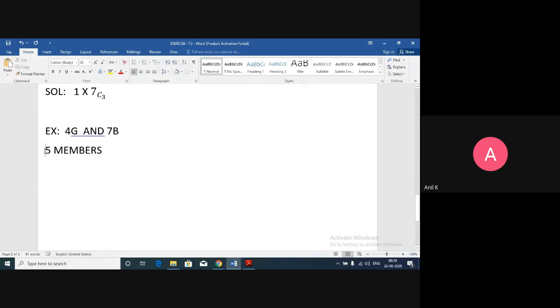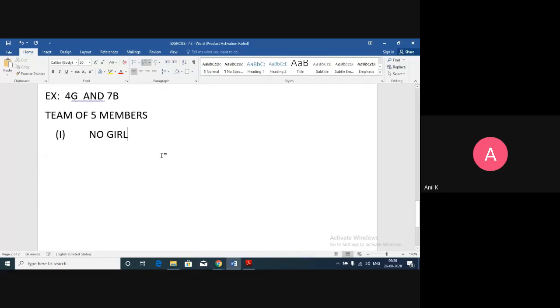So how are you going to select the team of 5 members? 4 girls are there, 7 boys are there, and the first question given to us is no girl in the team. So how many ways can you do it? If no girl, it means I have to select all boys only.